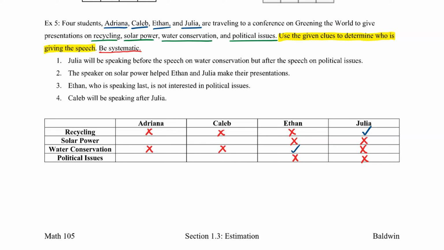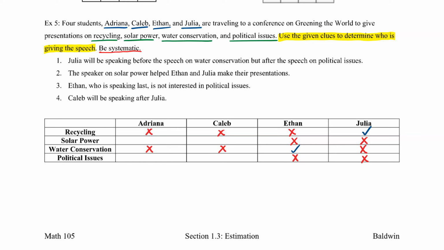We are down to our final two, and we're trying to figure out, is Adriana doing solar power or is Caleb doing solar power? This is where the be systematic approach is going to help us, because if we just look at this as it is, we're left with a 50-50 chance on choosing the right person for the right speech.